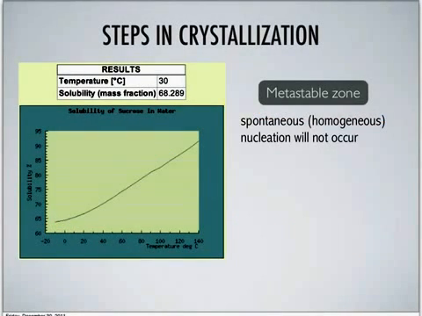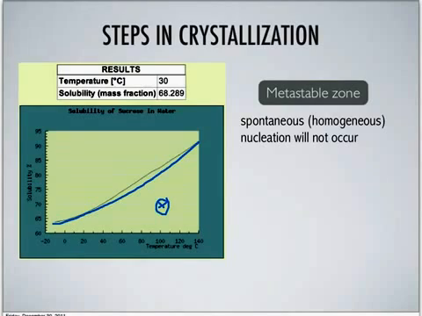Now let's examine the solubility curve more carefully. This is the equilibrium solubility curve or equilibrium solubility line. Any point below this line is the undersaturated state, and crystallization is thermodynamically impossible in this undersaturated region.